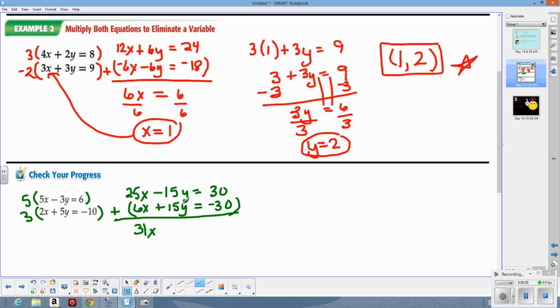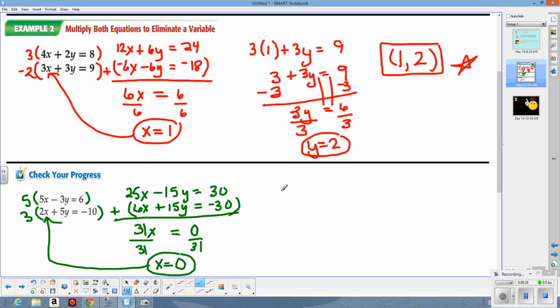Negative 15y plus 15y is 0y. And 30 plus a negative 30 is 0. Now I'm going to divide both sides by 31. 0 divided by 31 is 0. So x equals 0.